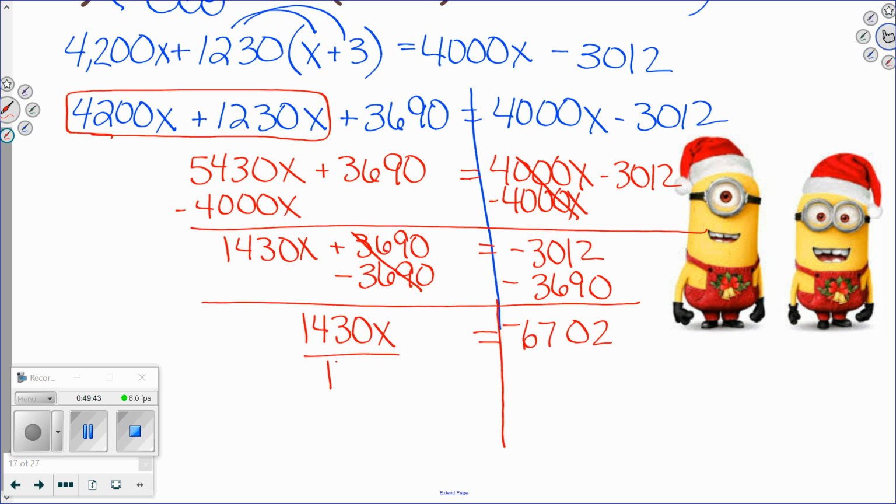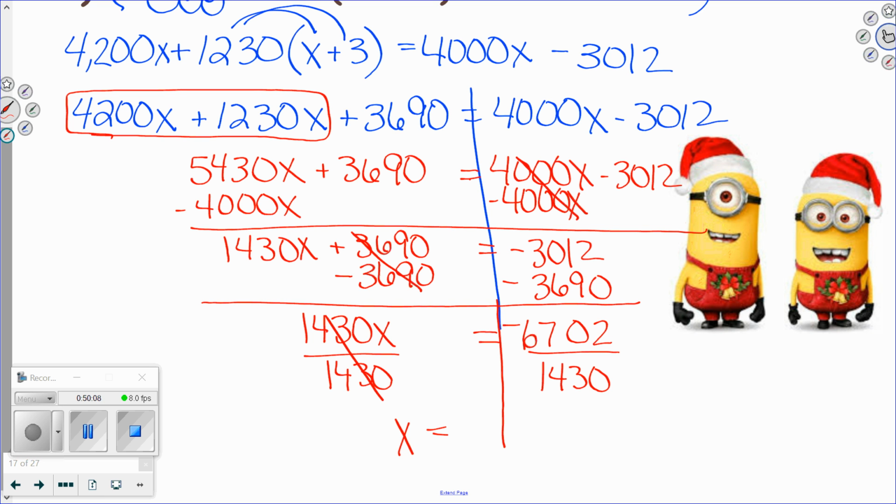Divide by 1,430. And in my head, I have no idea what that is. Oh, 4.686713287. What do I do with it? Does it simplify as a fraction?